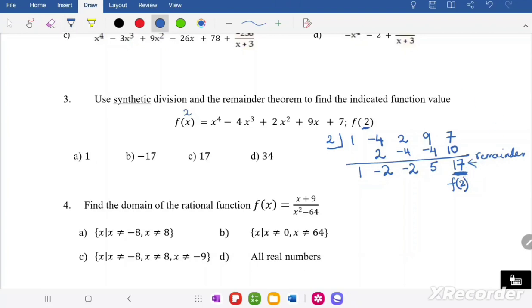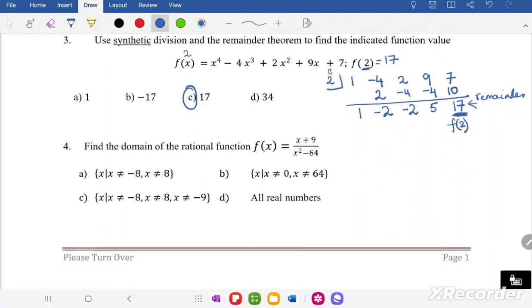All right, so it's positive 17. Our answer is going to be positive 17. So f of 2 is going to be equal to 17, and we came up with the answer not by plugging in 2 into the function, but by performing the synthetic division using 2 as our c, and then finding the remainder. All right.